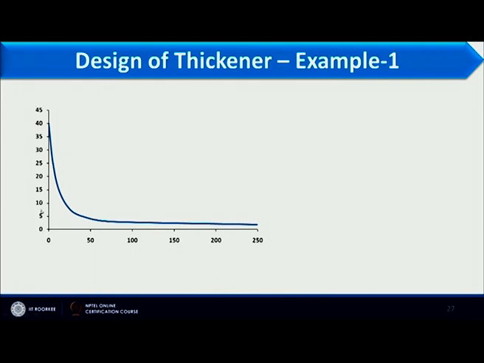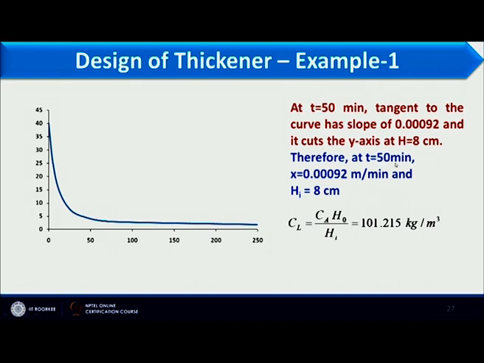Here the y axis is h and the x axis is the time value. Now, for example, at some point we have to draw the tangent. For that purpose, I am considering t equal to 50 minutes. The tangent to the curve at this point has the slope 0.00092 and it cuts the y axis at h equal to 8 centimeter.